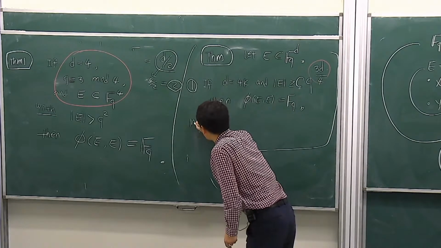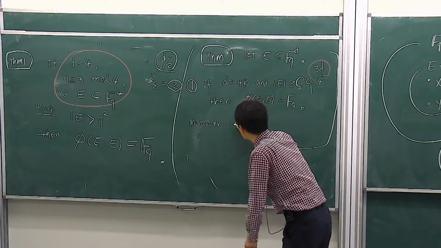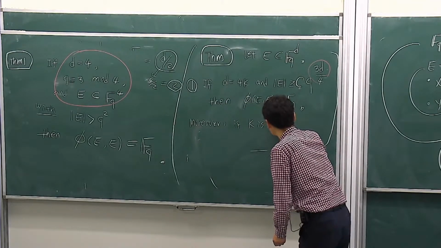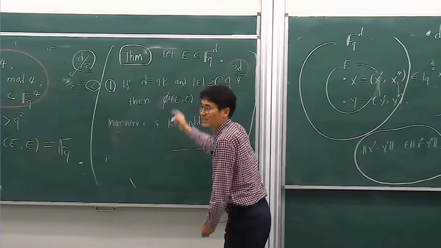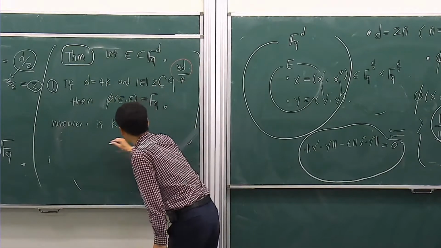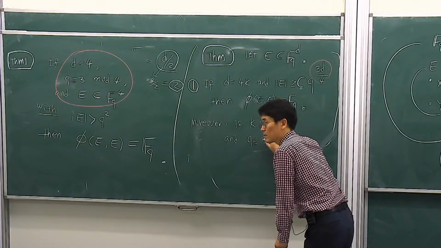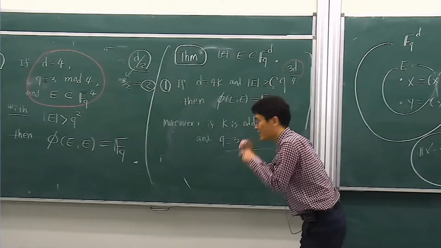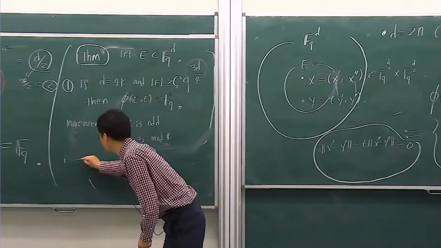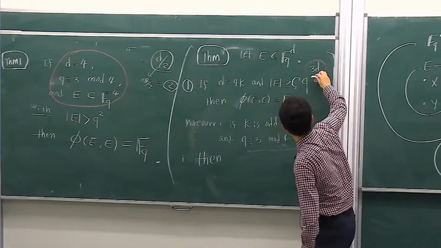Moreover, let us assume more. If here k is odd, 1, 3, and minus 1 is not a square number, there is no element i, then we can improve this one.